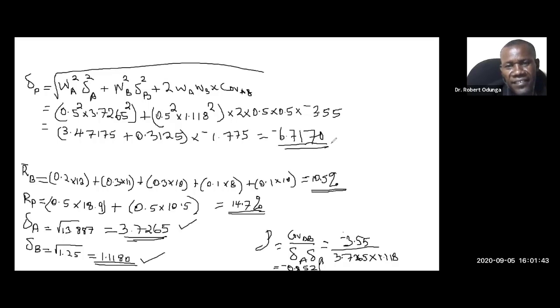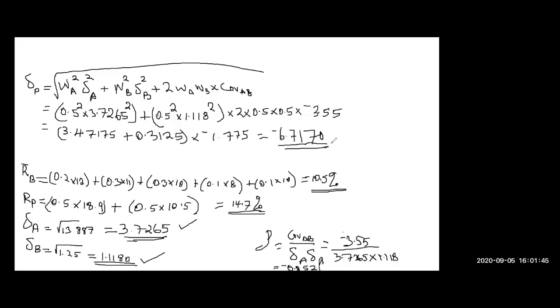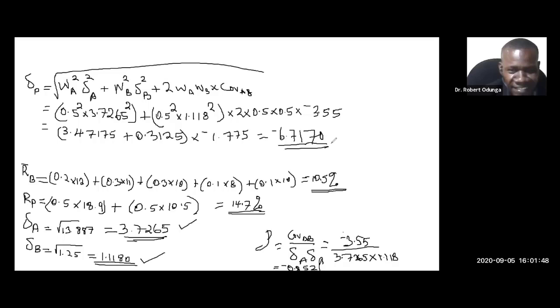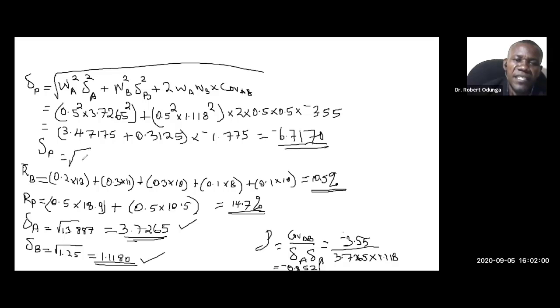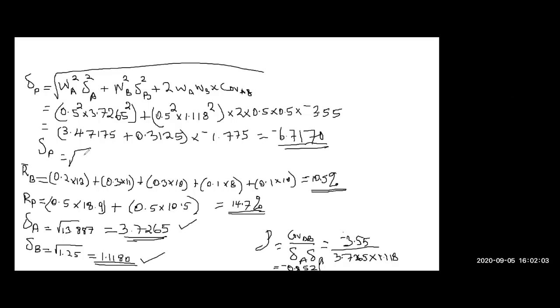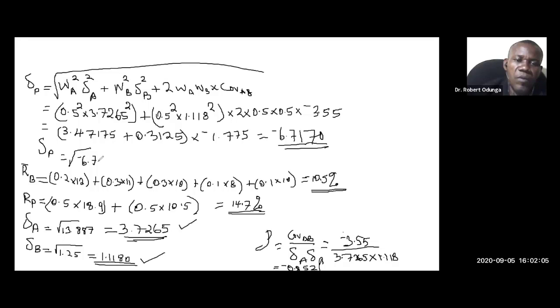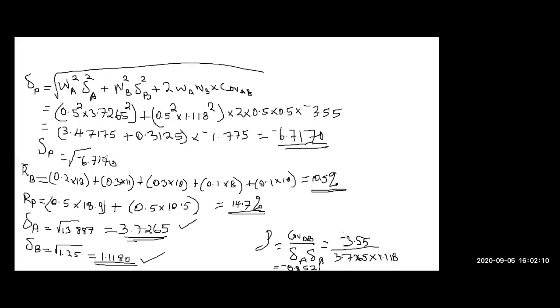Am I correct? So our standard deviation of the portfolio equals the square root of that, negative 6.7170. What is the square root of that?